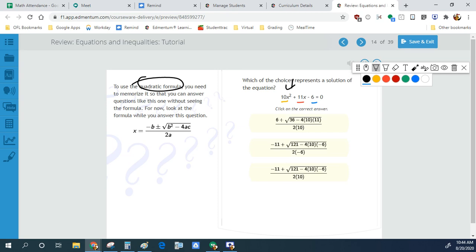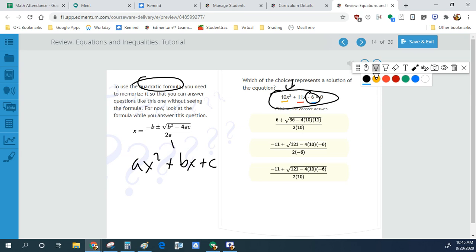This one right here. What's our A? It's not 6. 6 is actually our C. So -6 would be our C. 10 is our A, exactly.